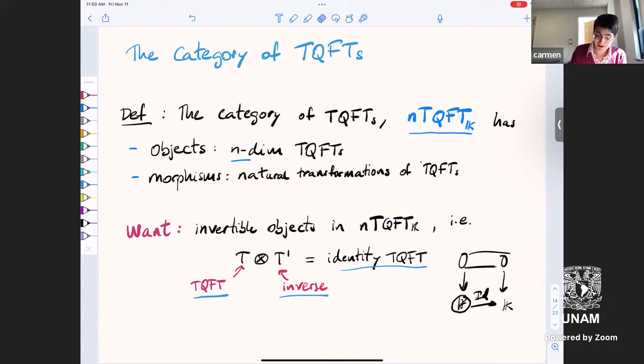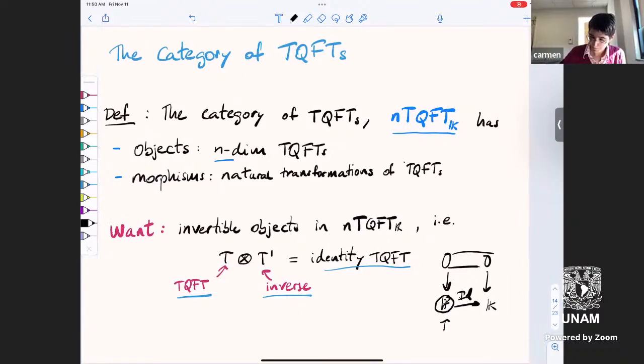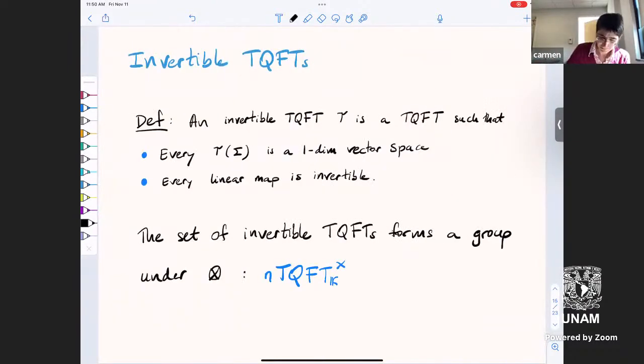So if your functor T maps something to, say, a two-dimensional vector space, then you're not possibly going to be able to get back to something which lowers the dimension of the vector space. So invertible TQFTs necessarily need the n-1 dimensional manifolds to be sent to one-dimensional vector spaces. That's an important idea right there.